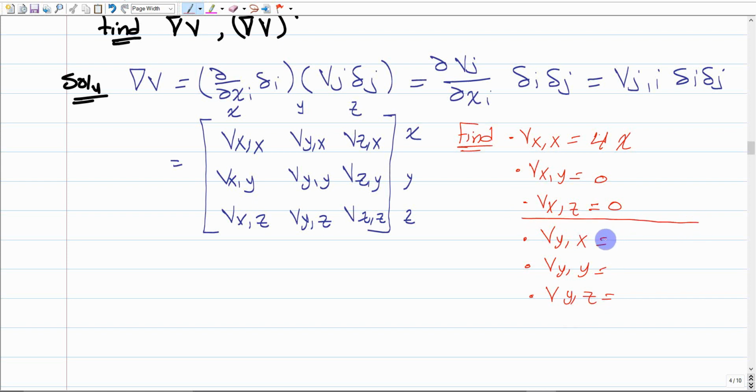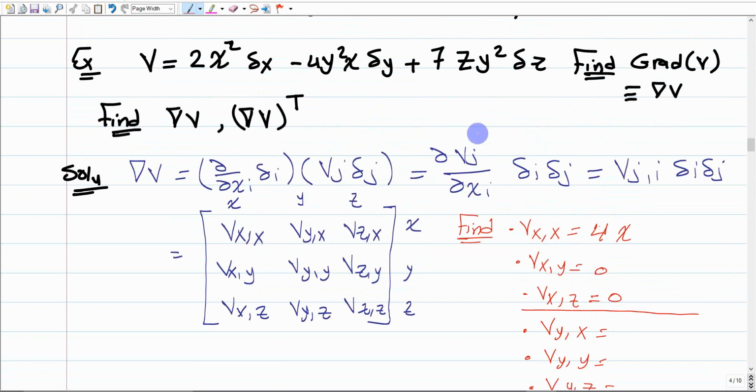The vy comma x, with respect to x, we're going to end up with negative 4y squared because we are differentiating with respect to x. How about vy comma y? It's going to be negative 8yx.